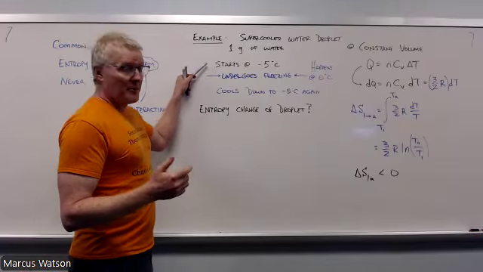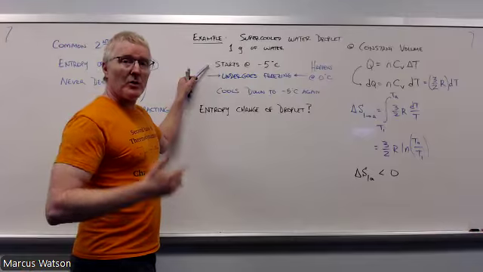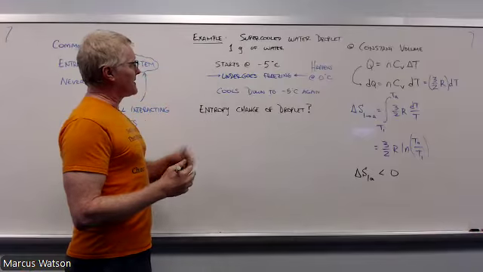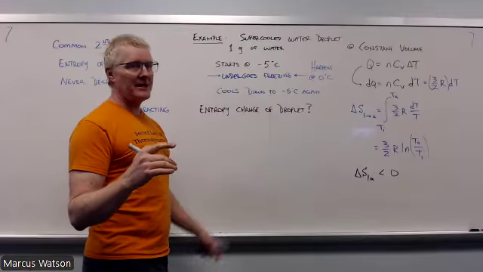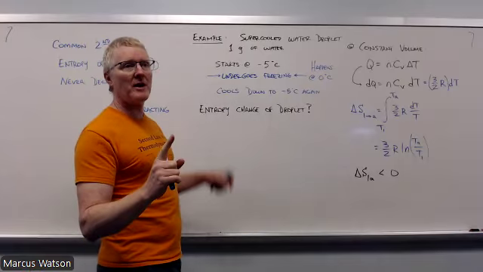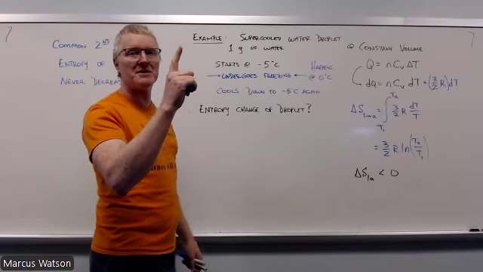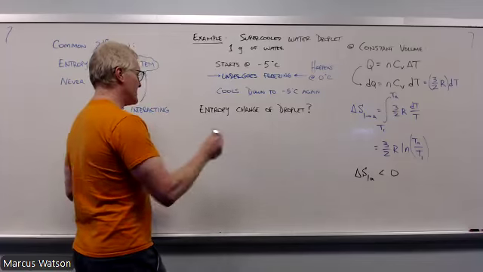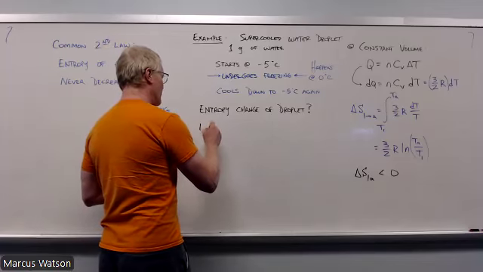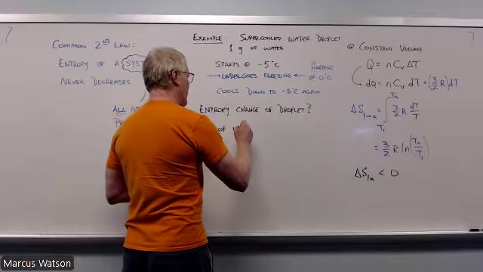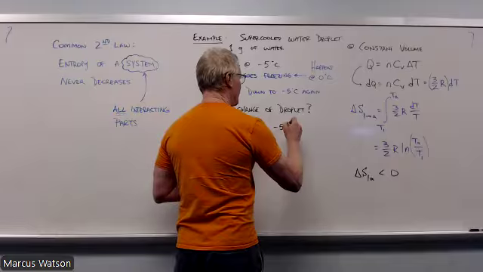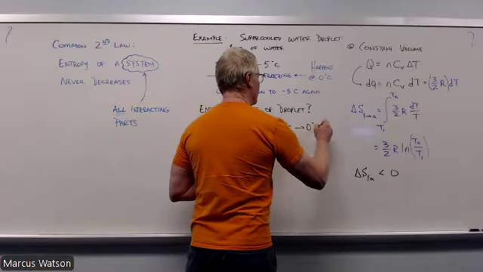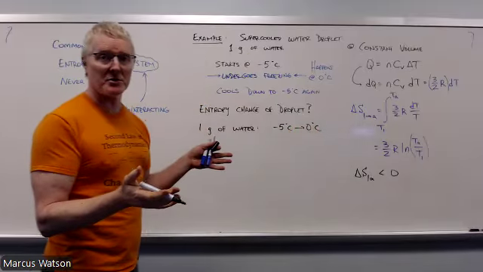If I look at the gram of water, what is its behavior? It started here at -5 centigrade, and when agitated, it had to have increased its temperature to 0. So the first thing we have is 1 gram of water going from -5 centigrade to 0 centigrade, because that's where it's going to change temperature.